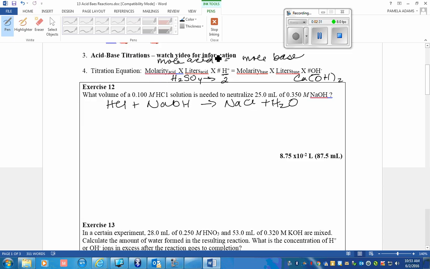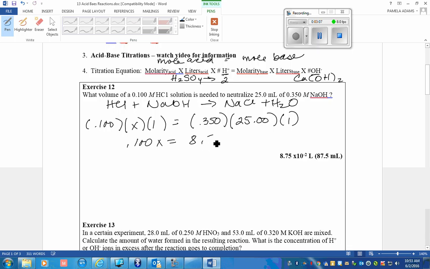Using this equation, the molarity of the acid is 0.1 times its volume, which we don't know, times the number of hydrogen ions, which is 1, can be neutralized by NaOH that has a molarity of 0.3, a volume of 25 milliliters, and has 1 OH group associated with it. 0.1x is equal to 8.75, so x is equal to 87.5 mLs of hydrochloric acid needed to neutralize our base.